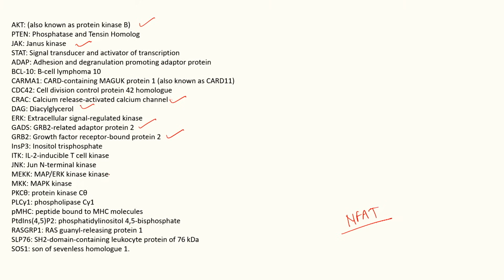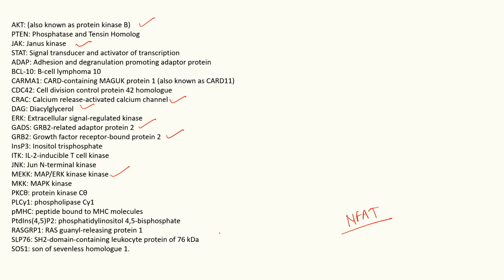Then there is MAP-ERK kinase, which is a protein which can phosphorylate other kinase proteins. We discussed phosphorylation in the earlier classes as well, that once a protein is phosphorylated, it can phosphorylate other proteins as well. So these are some of the kinases and proteins which are important for different signaling pathways.